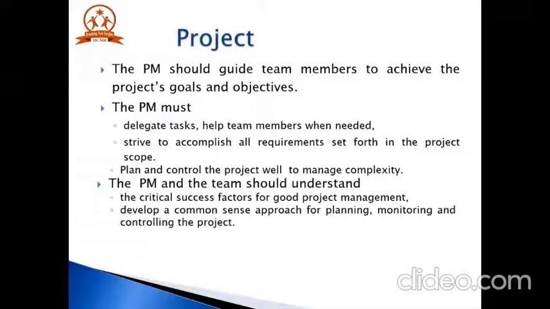The project should be well planned and controlled to manage complexity. The project manager and the team should understand the critical success factors that lead to good project management and develop a common sense approach for planning, monitoring, and controlling the project.